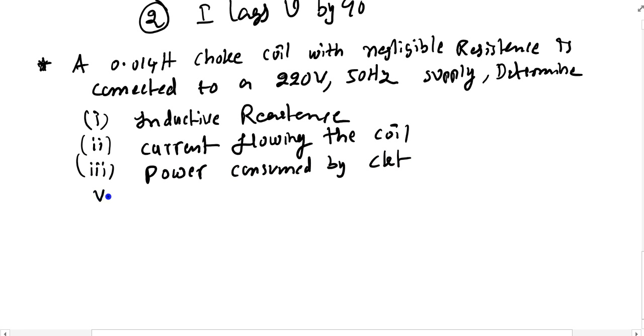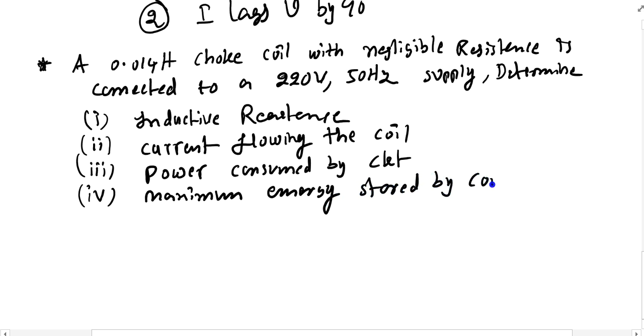And the fourth point is the maximum energy stored by the coil. So this is the numerical given for us to calculate, to understand the theoretical part.